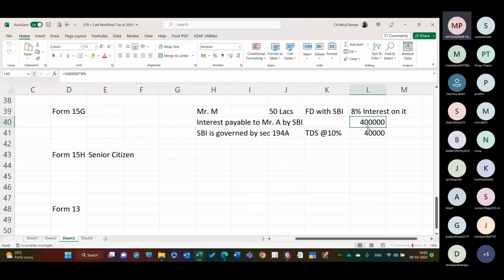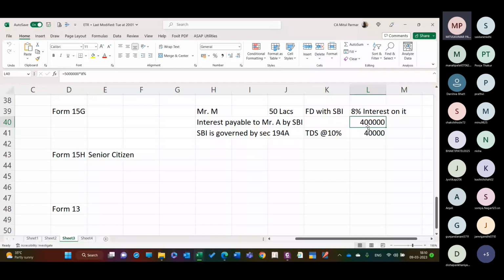So form number 15G or 15H is useful in most of the sections. The only condition is that the deductor is required to deduct the TDS and the recipient is not supposed to pay any tax on it. In those circumstances, form number 15G and 15H will come to the rescue of the recipient, who can submit this form to the deductor.